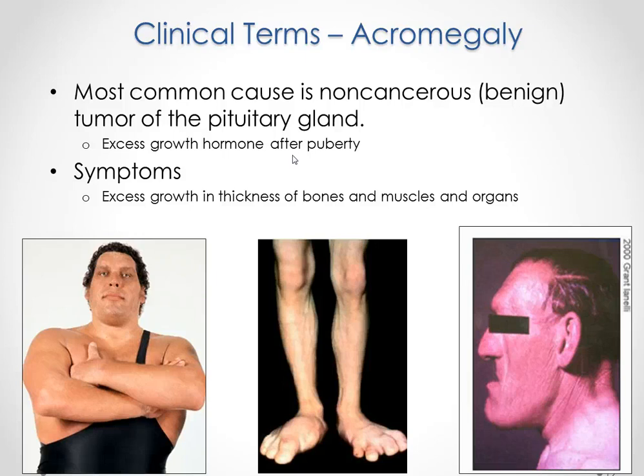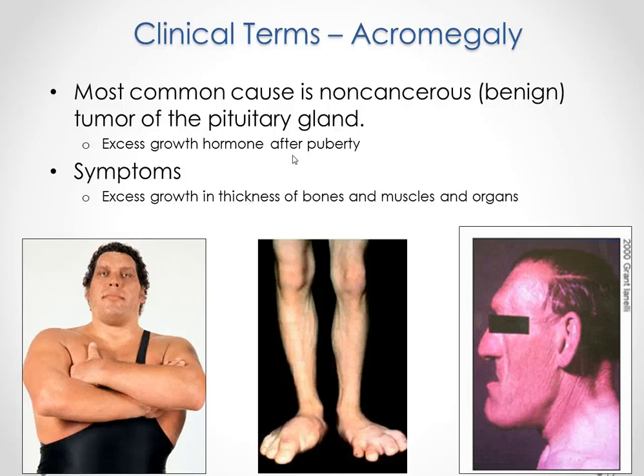Some of the differences in the symptoms are going to be excessive growth in the thickness of the bone, not necessarily the height, more how thick the bone is, as well as excessive growth in the muscles and the organs. The reason that these bones are becoming thicker versus becoming longer is after you hit puberty, your growth plates, your epiphyseal plates in your bones, are going to ossify, and you don't grow anymore after that point.